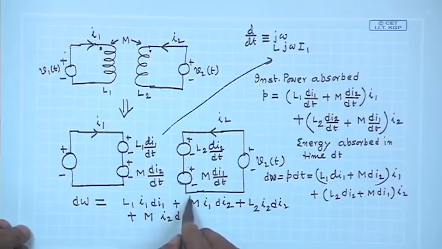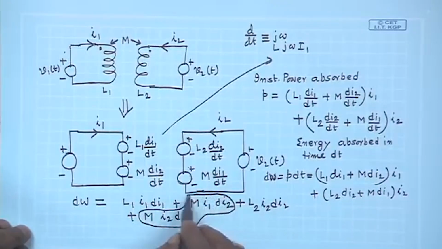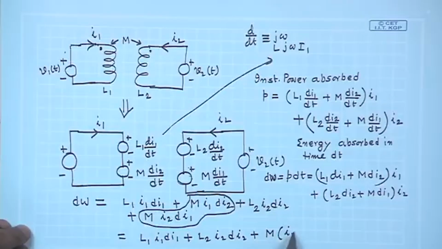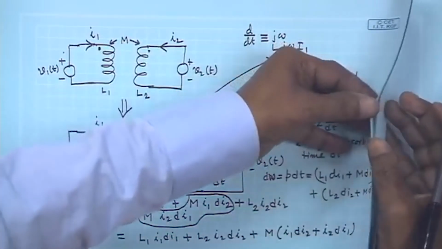Now, these two terms can be grouped together. So, this is L1 I1 dI1 and then let me write the second last term first, that is L2 I2 dI2, and then this one is m into I1 dI2 plus I2 dI1, like this I can write.